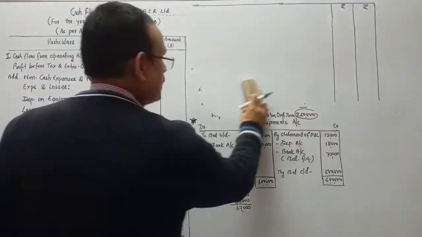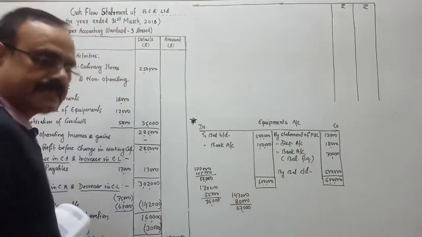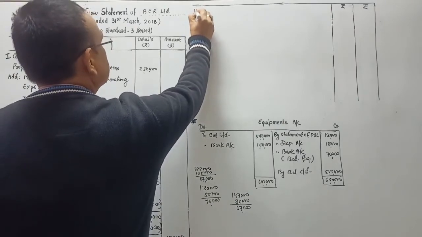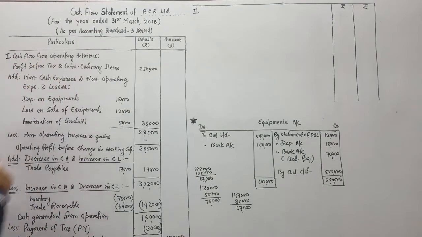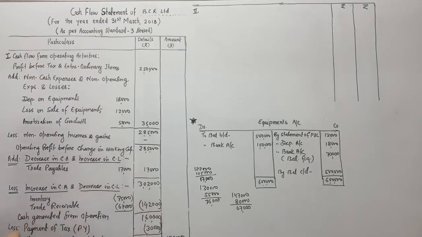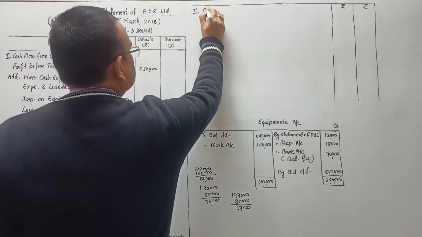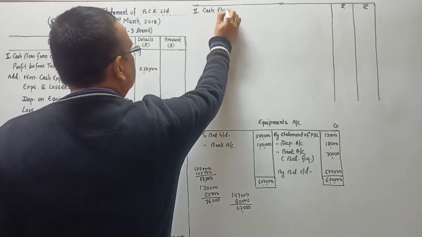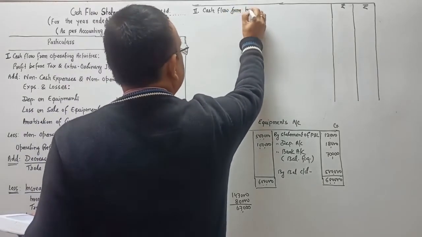Now I am going to calculate the cash flow from investing activities. First one is cash flow from operating activities, 1,30,000. Second is cash flow from investing activities.